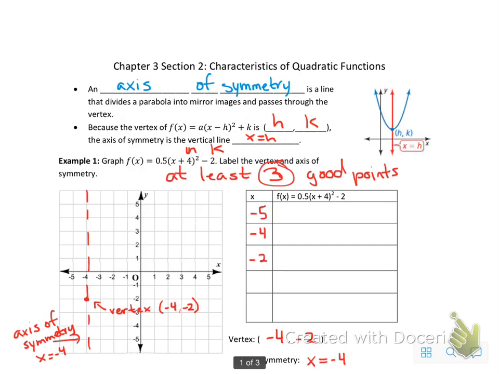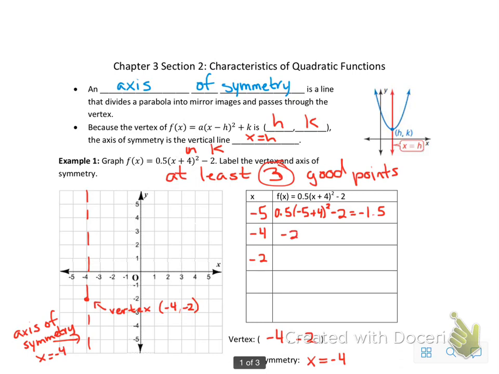Now when you're plotting it, remember, you're taking your x value and plugging it into the actual function. So we have 0.5 times -5 plus 4 squared minus 2. You put that into a calculator and you get -1.5. We already know that -4 has a y value of -2 because that was our vertex.